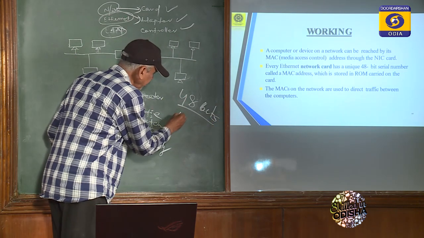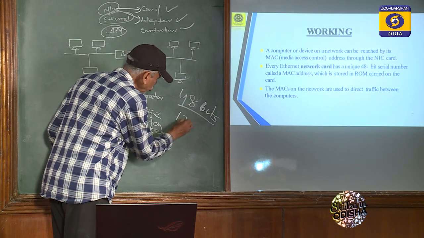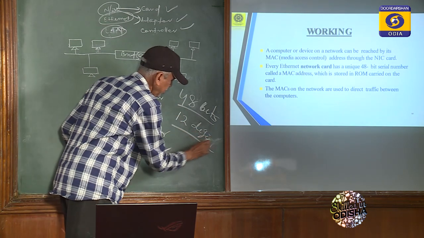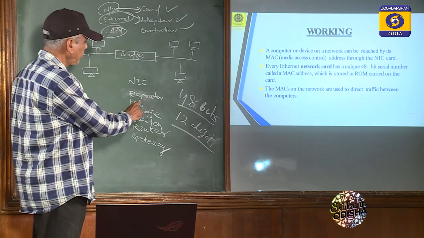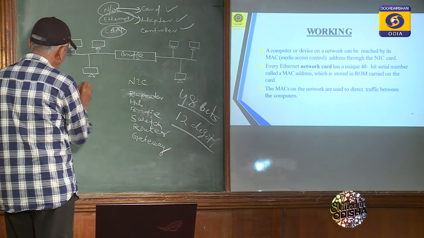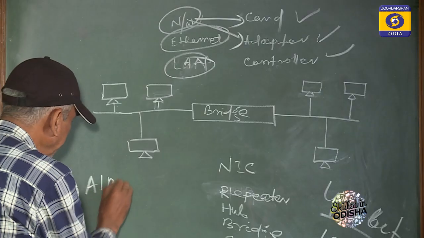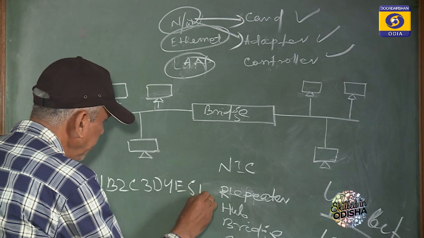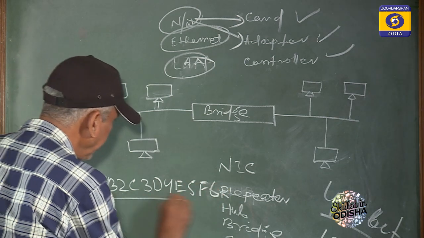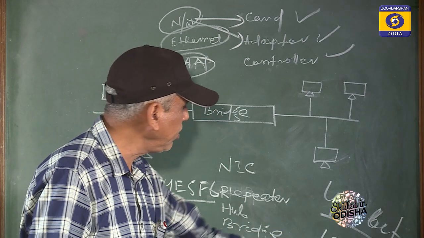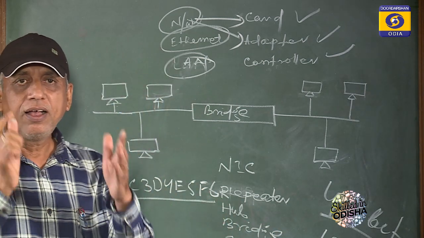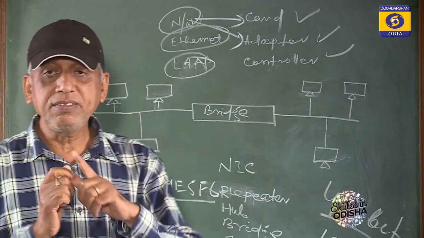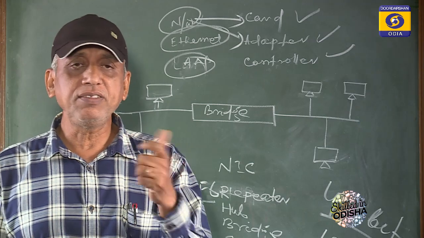Its hexadecimal representation is 12 hex digits. Suppose we consider this 12-digit hex code number: A1, B2, C3, D4, E5, F6. This is the ID of each and every NIC. For each and every NIC, it is a unique number.